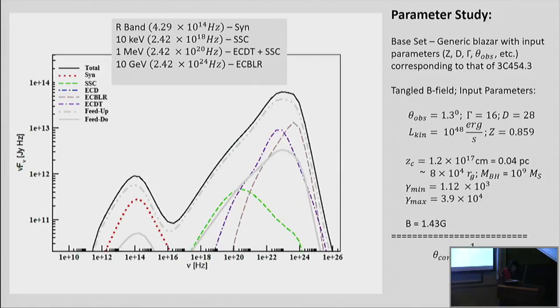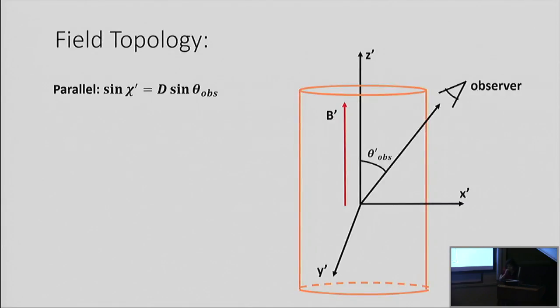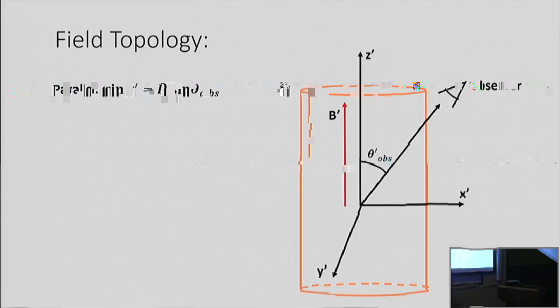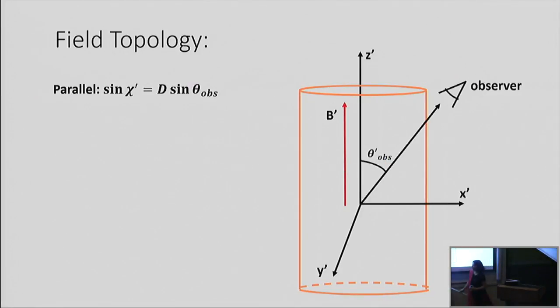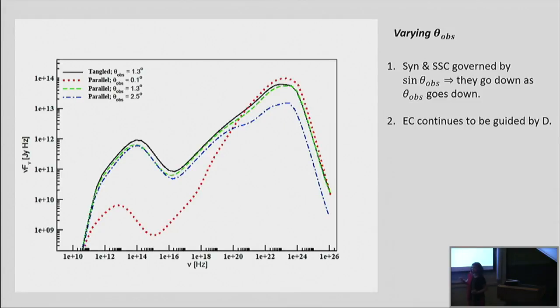So using this as our base set, I'm only going to really talk about the first one, where in that case it is actually only just a function of the Doppler factor. The result says when we start to vary the viewing angle, you observe two interesting effects.